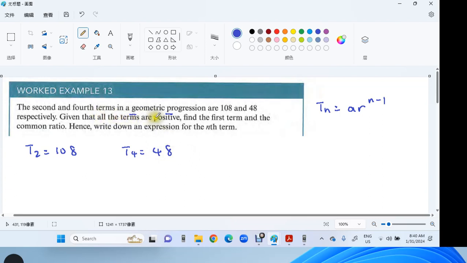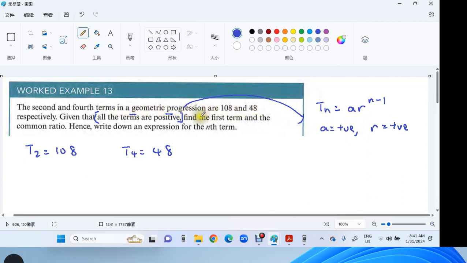Given that all the terms are positive, it means that A should be positive and R also positive. If either one is negative, then it won't have all the terms positive.